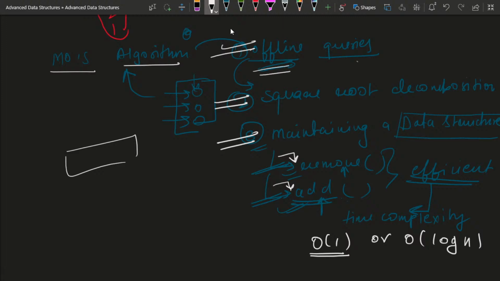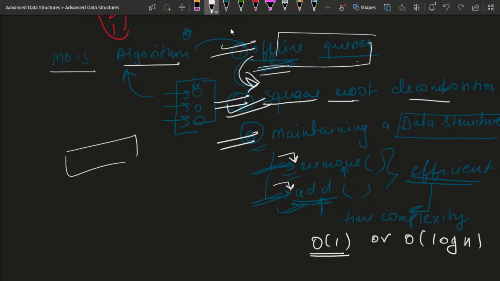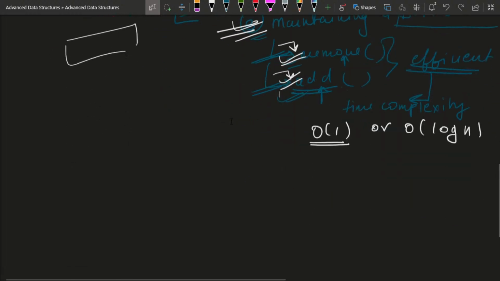If the nature of the queries is offline, then go ahead and check the problem, whether you can break down the problem using the square root decomposition idea, and if that is also possible, then look for a data structure. If you can maintain a data structure in which you can implement these two operations, remove and add, then definitely we can apply the Mo's algorithm. Okay, so now let us understand the Mo's algorithm with a problem statement.